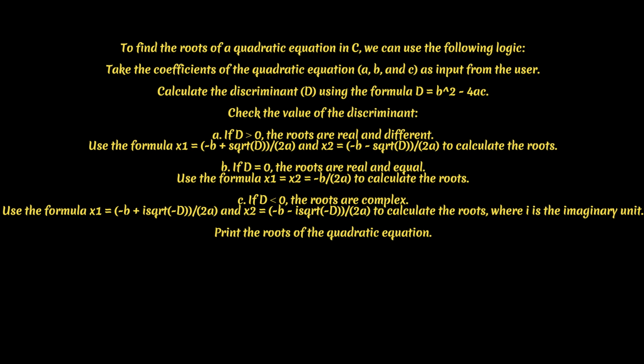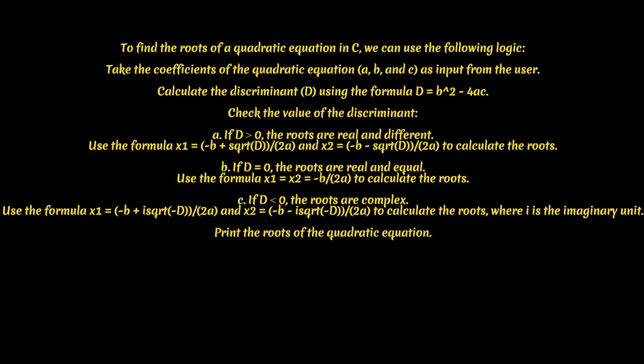Case first. If d is greater than 0, the roots are real and different. Use the formula x1 equals minus b plus sqrt d, divided by 2a, and x2 equals minus b minus sqrt d, divided by 2a, to calculate the roots. Case second. If d equals 0, the roots are real and equal.